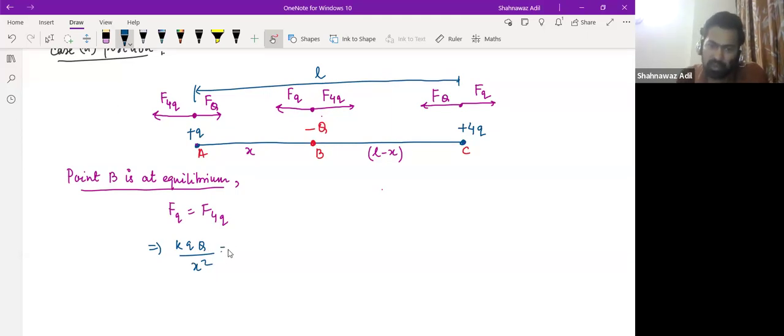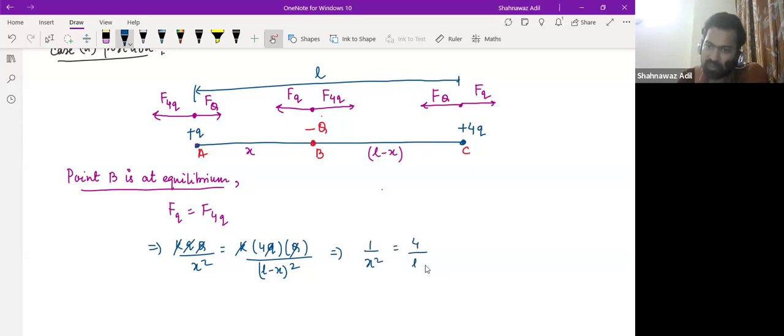And F4Q, due to this charge at this point, is K times 4Q times Q divided by L minus X square. So Q and Q, and K and K, all cancel. So we got the same result as the previous one.